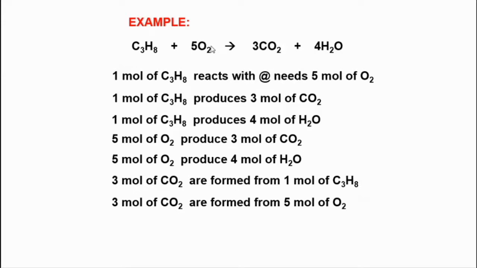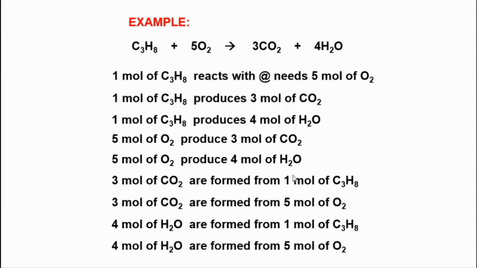And lastly, we can also use water to show the stoichiometrical relationship. For example, 4 moles of water are formed from 1 mole of propane, or 4 moles of water are formed from 5 moles of oxygen.